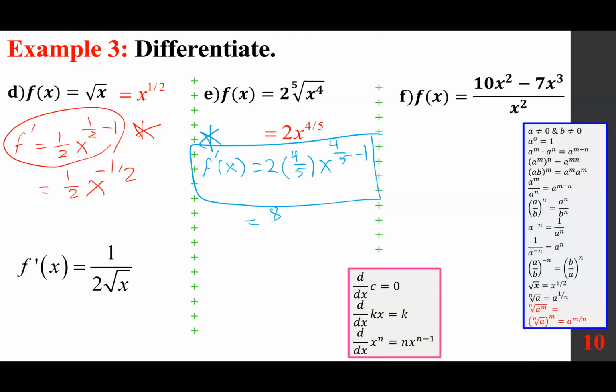This is equal to 8 over 5, x to the power of negative 1 over 5. Now negative 1 over 5 goes down, becomes x to the power of positive 1 over 5, or the fifth root of x. So f prime is 8 over 5, the fifth root of x.